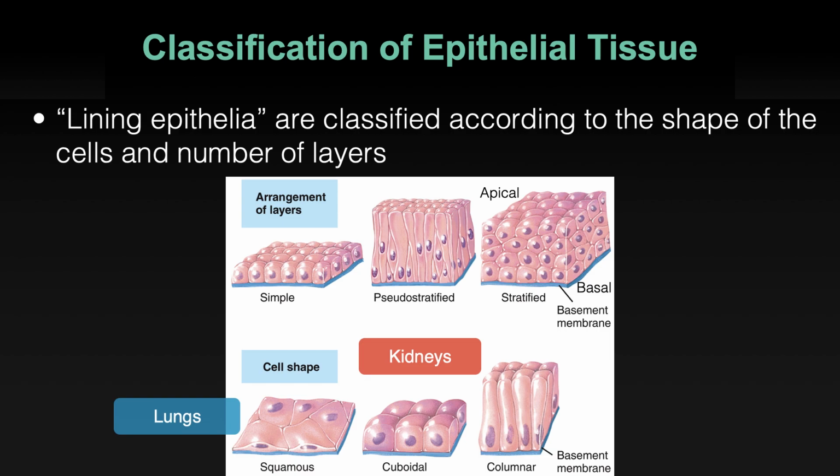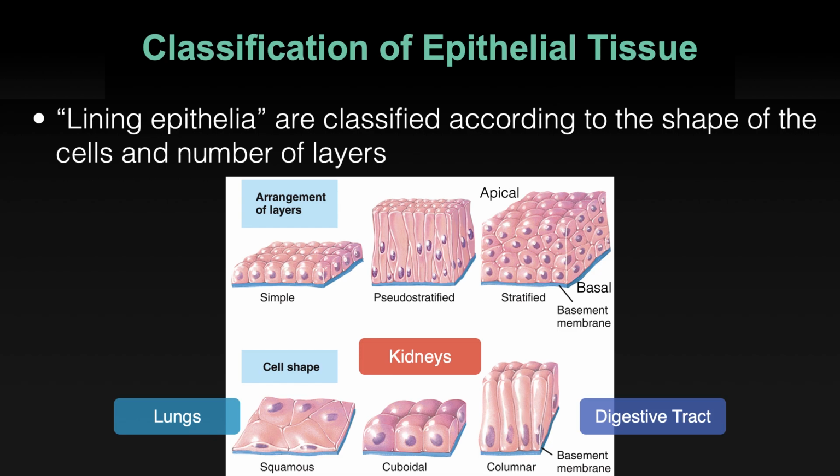So the kidneys typically have, and many glands have, cuboidal cells in order to produce various things that need to be secreted or process things as they move through the tissue. And columnar cells are long, stretched out columns, with more space to store and process items. The digestive tract often has cells that look like that.